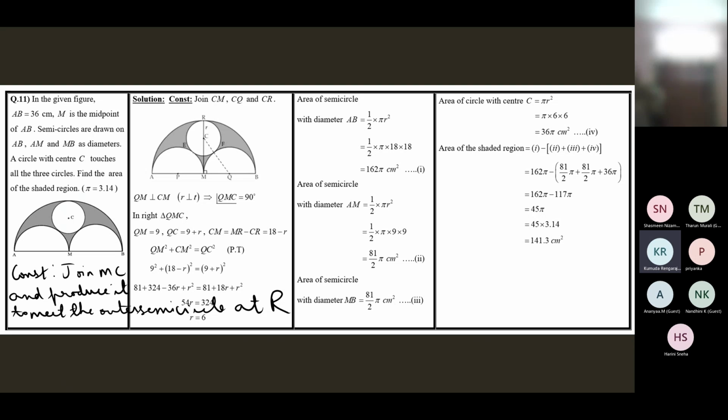So then in that case, it will only be join CQ. Let me take out this construction and write this. So, join MC and produce it to meet the outer semicircle at R, and then join CQ. So remove this construction, do that correction, children. Remove this one and write this.